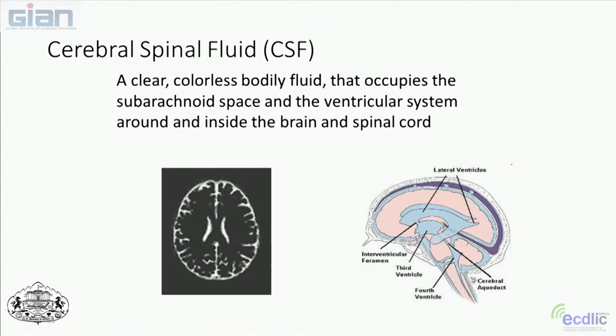And on the figure on the right here, you can see the ventricles. The cerebral spinal fluid, or the CSF, is a clear, colorless body fluid that occupies the subarachnoid space. So that's these spaces where there's no tissue and just this fluid, often called the subarachnoid space, and the ventricular system around and inside the brain.